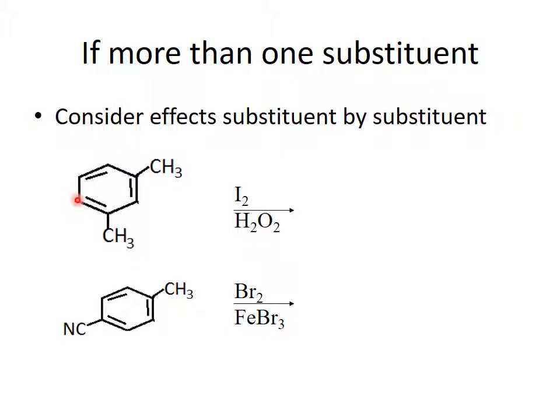Where are the para positions? Here and here. Those two positions are identical. This ortho position is not going to go ahead because you have too much steric hindrance from these groups. So what you will get is iodination in the ortho position here. Go ahead and try to do this compound.